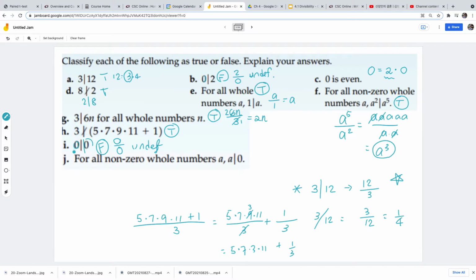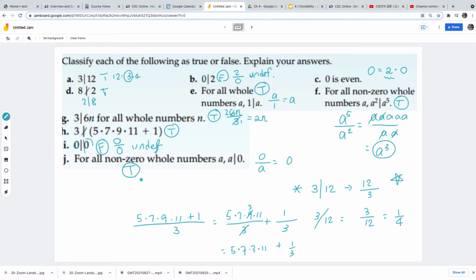For all non-zero whole numbers, a divides 0. That's the same as 0 is divisible by a. Yes, it is 0, right? So yes, it is true.